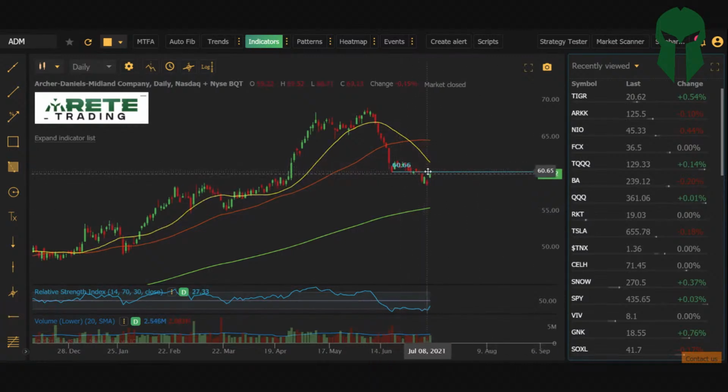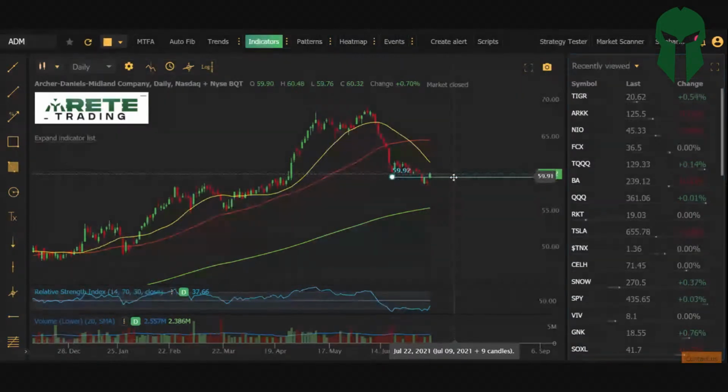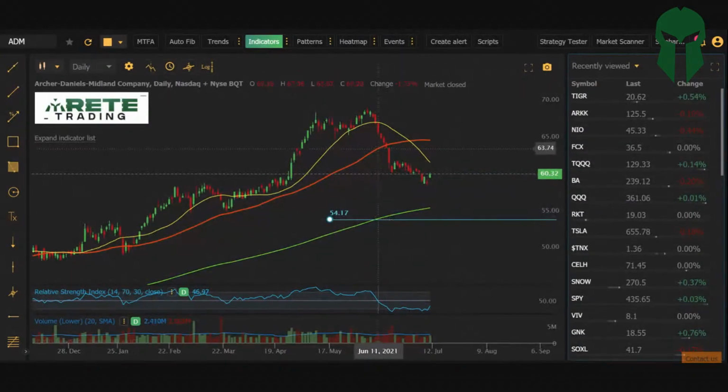See how you hit that low and you're right there, and we tried one time and failed. You have to get over this and then start working your way up. The issue you're having and going to continue to have is this red bar right here, and I'll highlight it through this and through this.